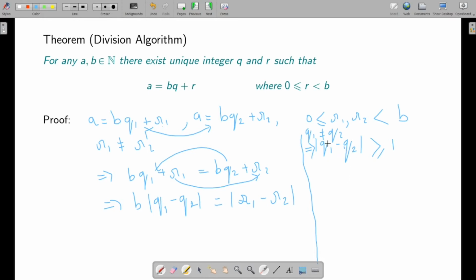Because they are both integers, the modulus of this will be greater than or equal to 1, which will mean that the modulus of R1 minus R2 will be greater than or equal to B. From here you can see that. And this is definitely a contradiction, because we know that R1 and R2 lie between 0 and B.